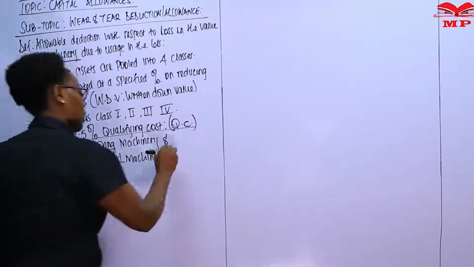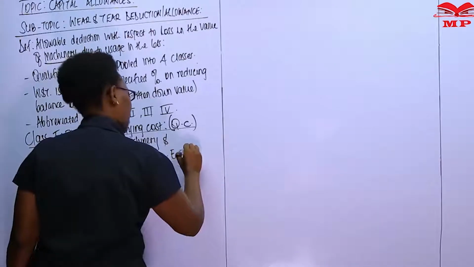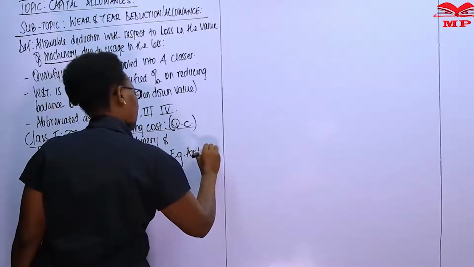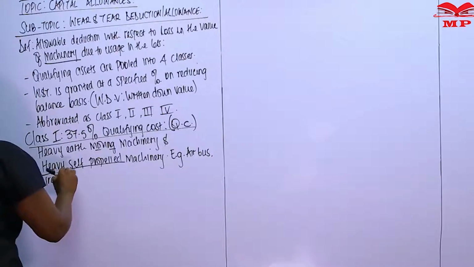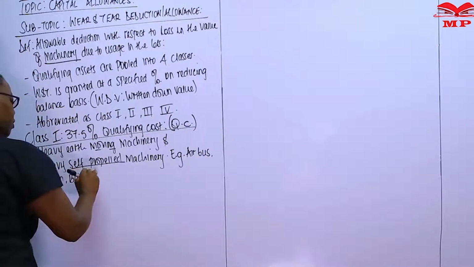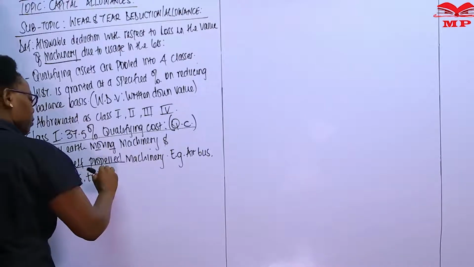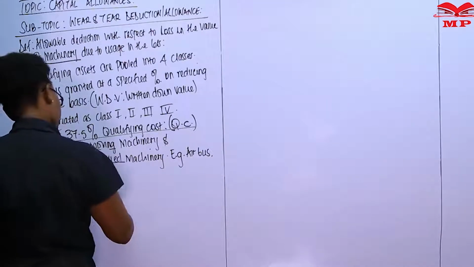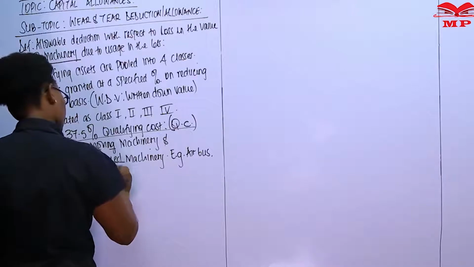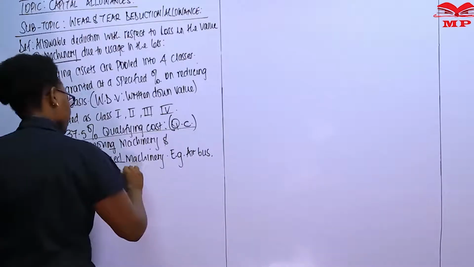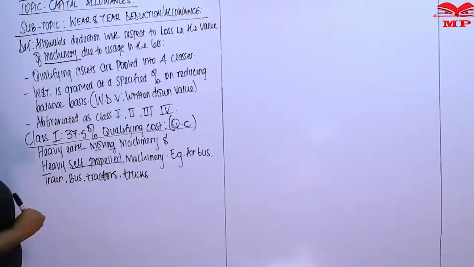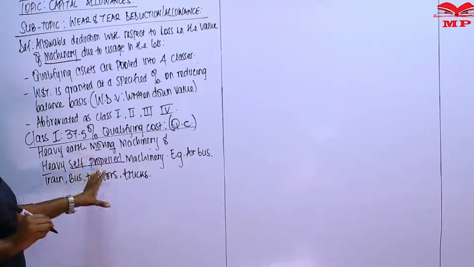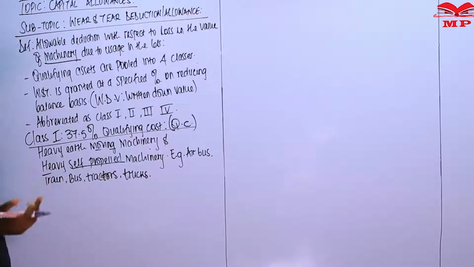So examples are an airbus, train, a normal bus, tractor, trucks. So those are just examples. So heavy earth moving, heavy self-propelled machinery. You'll take the qualifying cost.